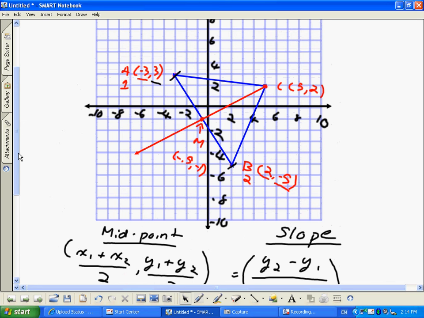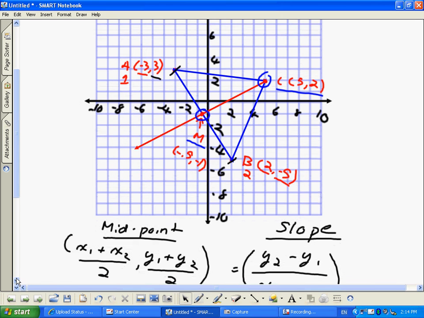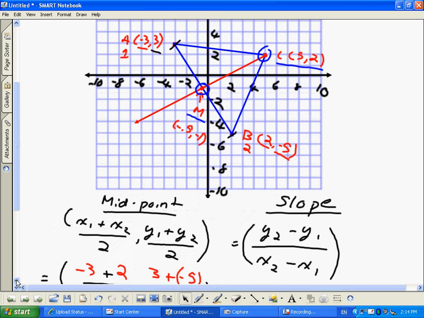I have the point at vertex C, I'll circle it, and I now have the midpoint, M. That's 2 points along this line. So we have our M and our C. I have to take the coordinates from those two and plug them into the slope formula to find the slope of this line. So let's take a look at this.